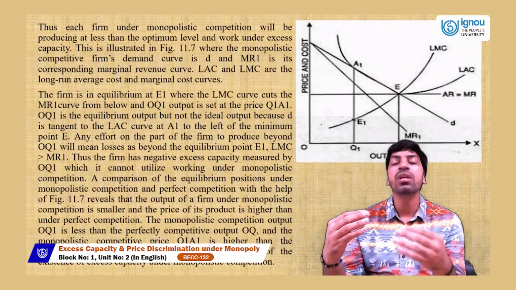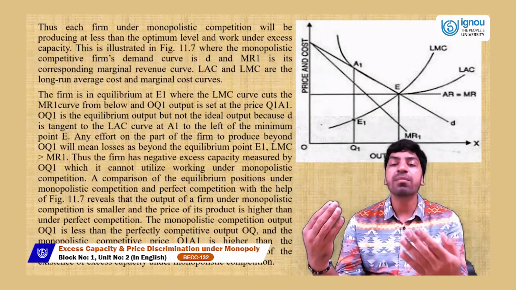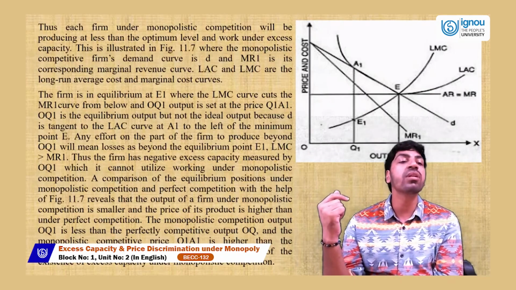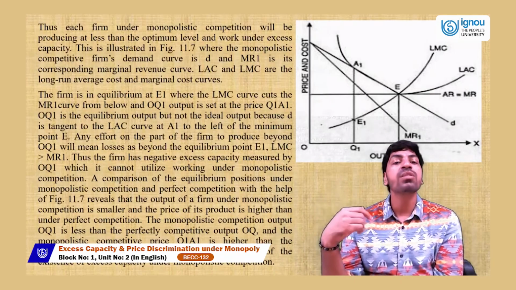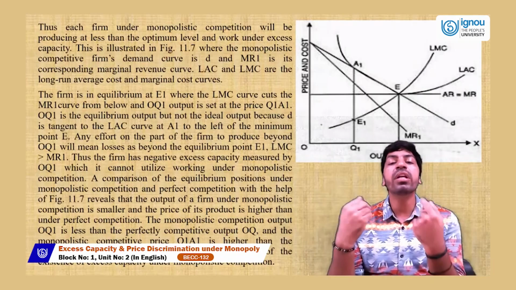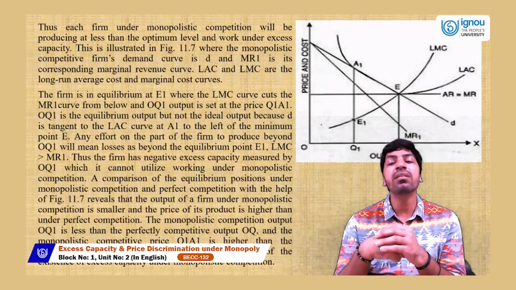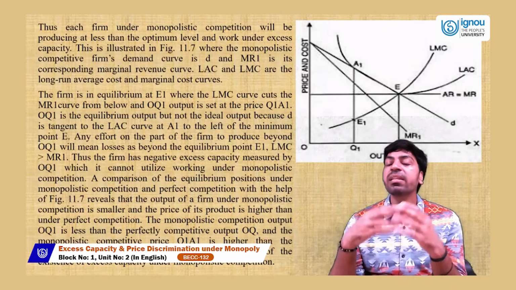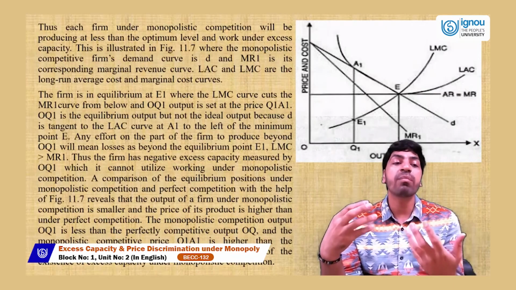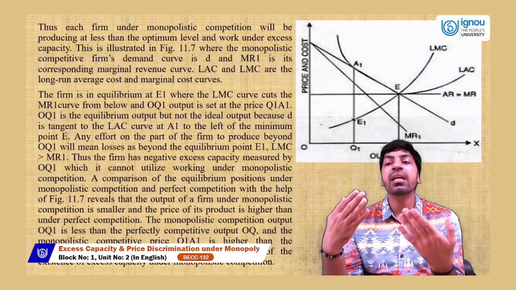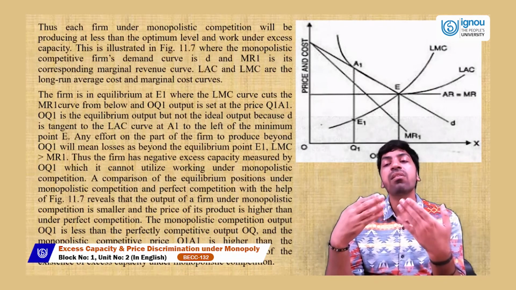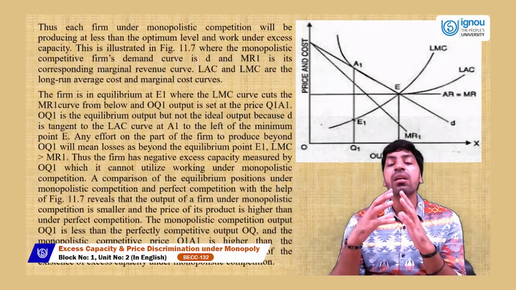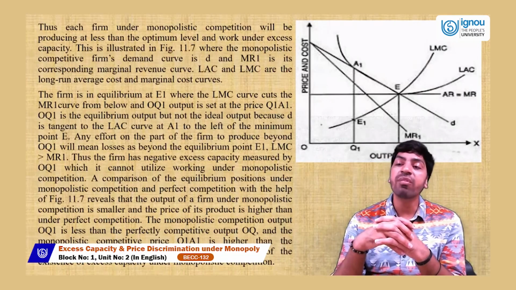Due to this, the new equilibrium has been achieved because it cuts the marginal cost and the marginal revenue as well. In this new equilibrium the output level is OQ1, but this is not an ideal output, because D is already changing relative to the long run marginal cost and average revenue.